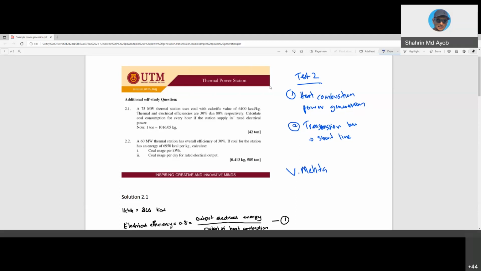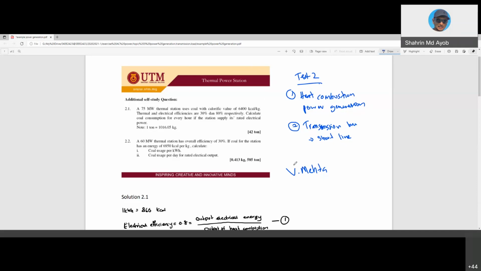I have recently got the soft copy, and I will share it with you after this. In this book, there is a lot of information about power generation, transmission line, and so on. For exercises, it is a good alternative to refer to this book.